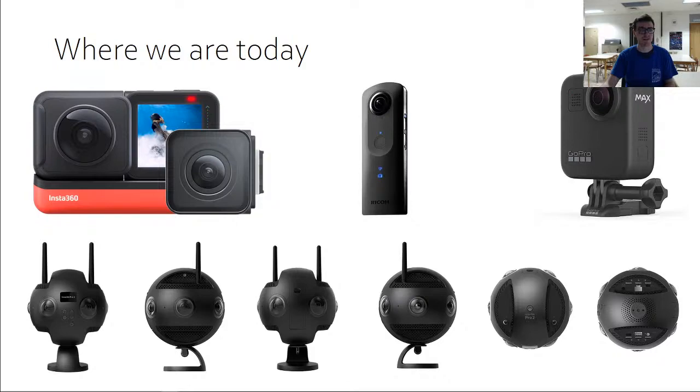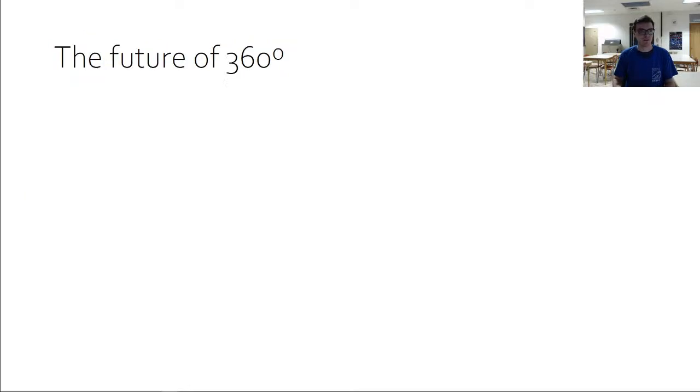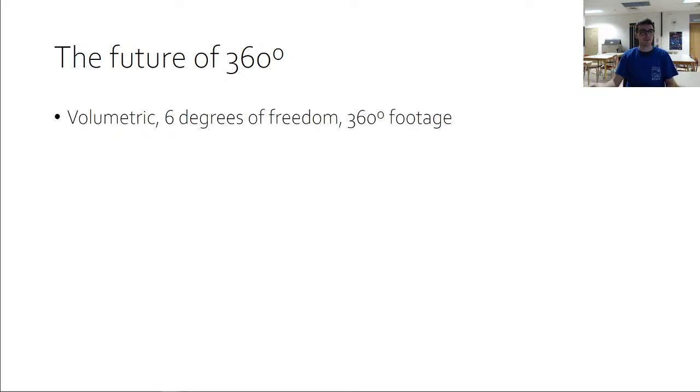So let's go ahead and move on to the future of 360. Okay, so here's a jumble of words that really represents where we're headed in this technology. So volumetric video.